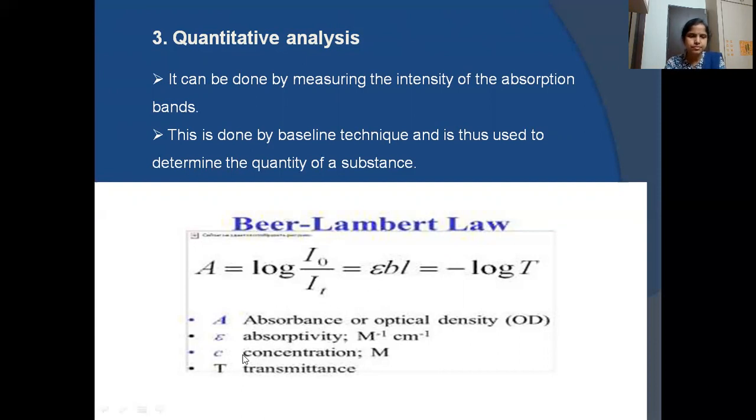Epsilon means absorptivity, C stands for the concentration of the solution, and L is the path length, or that is equal to the inverse of log T, that is transmittance. So by substituting all the values in this particular formula, you can find the concentration of the solution.